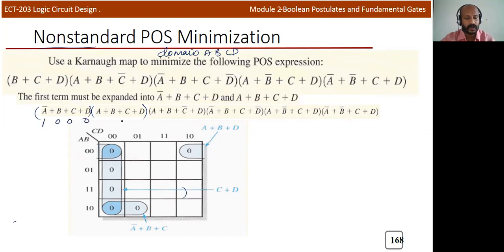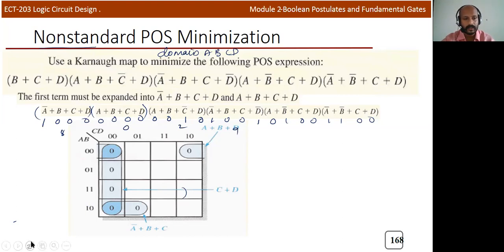So 1 0 0, and here it is 0 0 0 0, here it is 0 0 1 0, here it is 1 0 0 1, here it is 0 1 0 0, then 1 1 0 0. So the terms correspond to 8, this is 0, this is 2, and this is 9.